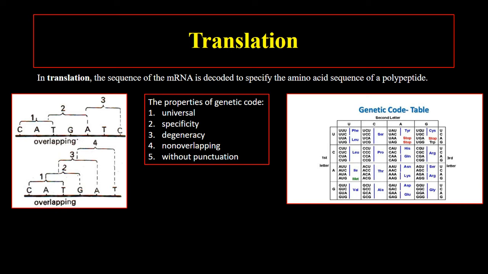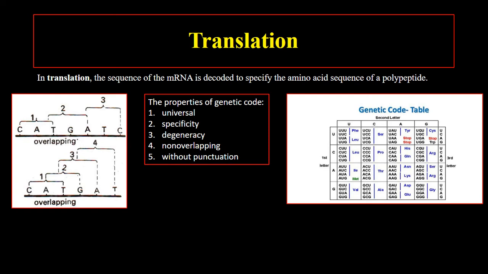The genetic code is the set of rules used by living cells to translate information encoded within genetic material, DNA or mRNA sequences of nucleotide triplets or codons, into protein. So, what are the main properties of the genetic code? Universal. What does it mean? The genetic code is universal. All living organisms use the same genetic code. This shows that all organisms share a common evolutionary history.